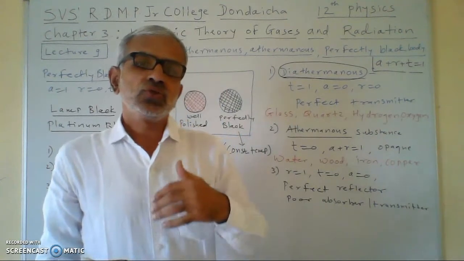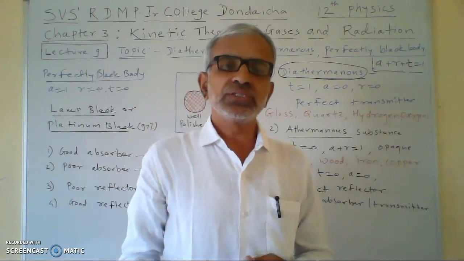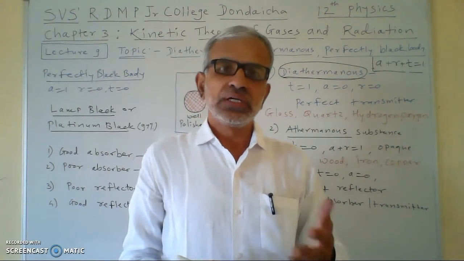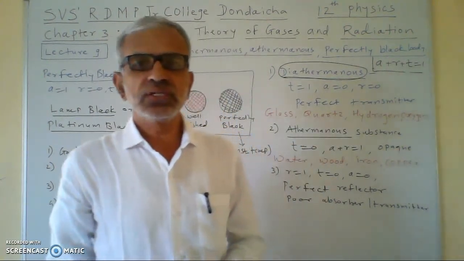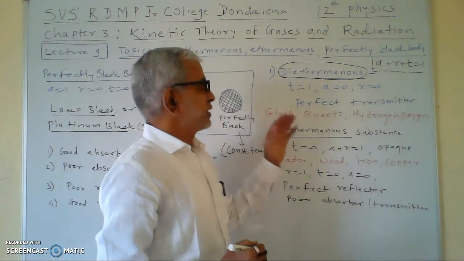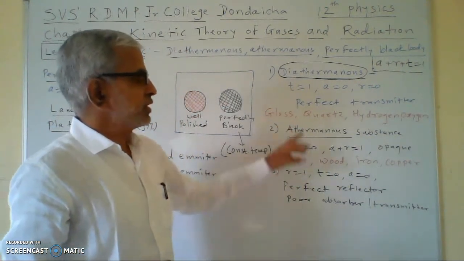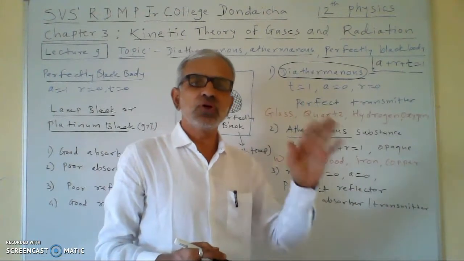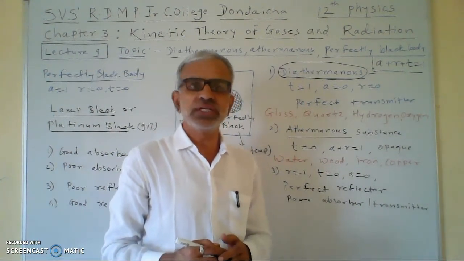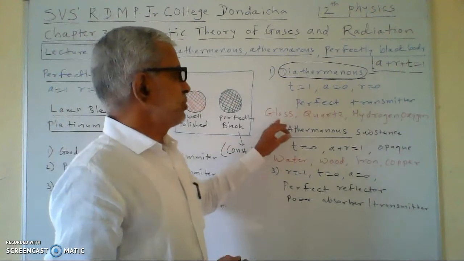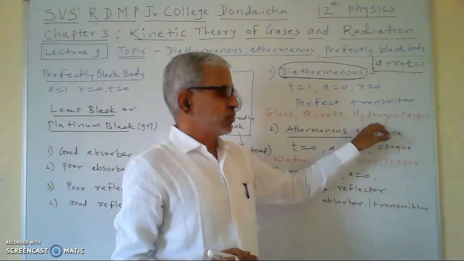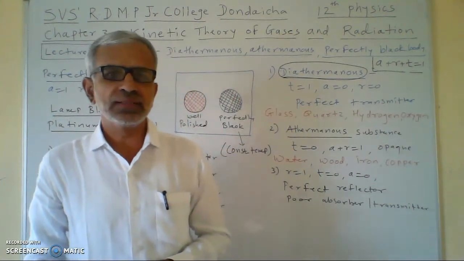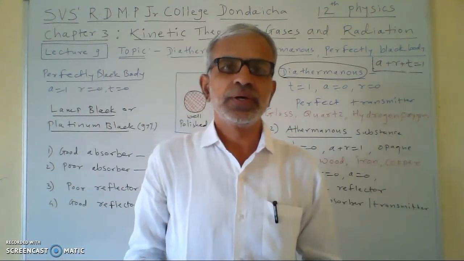A diathermanous substance is a perfect transmitter of the heat. Means it will transmit all the heat which is incident upon it. Its examples are glass, quartz, hydrogen, oxygen.